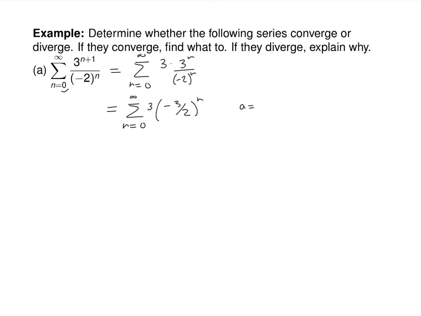So in this case, we have a equals 3 and r equals negative 3 over 2. As the absolute value of negative 3 over 2 is bigger than 1, this geometric series will diverge.